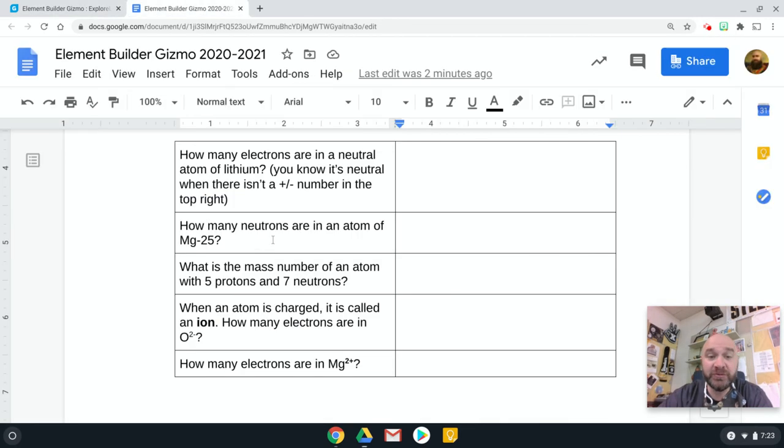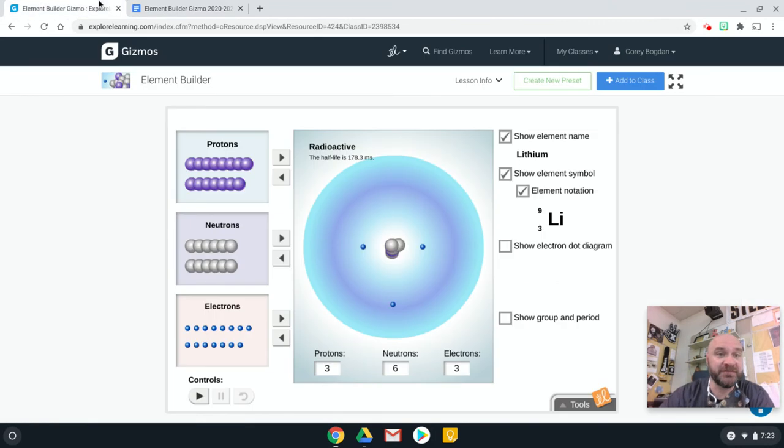How many neutrons are in an atom of Mg25? So we need to change this to Mg, and we need its mass number, the top left number, to be 25. Oh, there's Mg. Right now, this is Mg18.